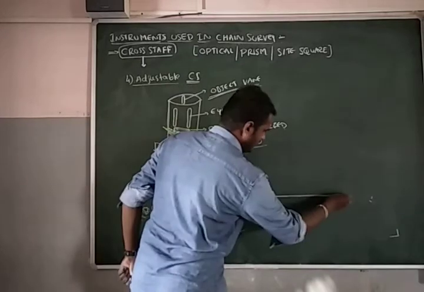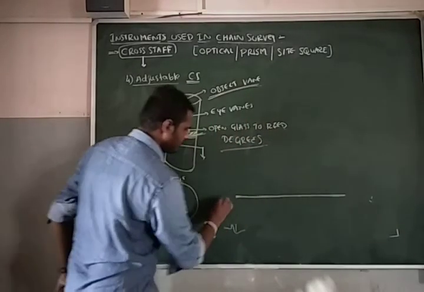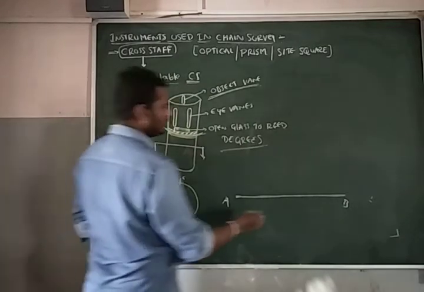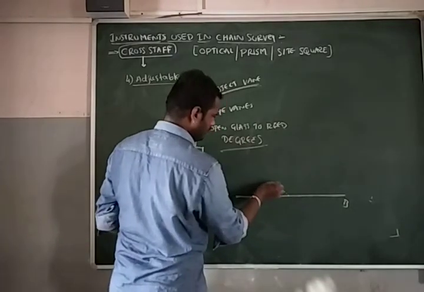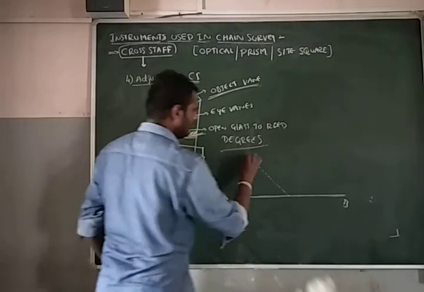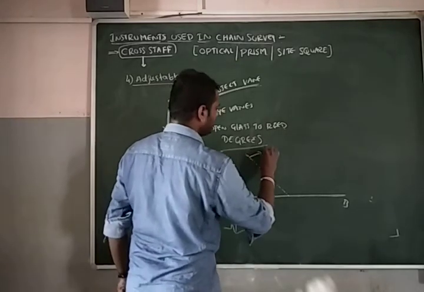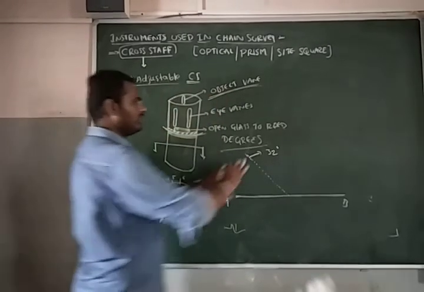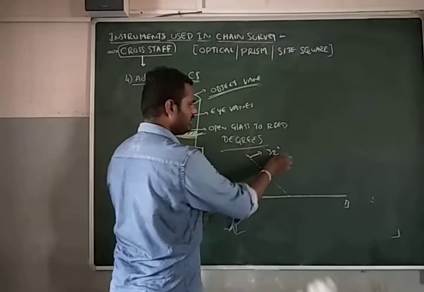This is the AB survey line, capital A, B survey line. In this, I want to keep an oblique offset of, let us take, 32 degrees. It is not drawn already, but I want to take 32 degrees.